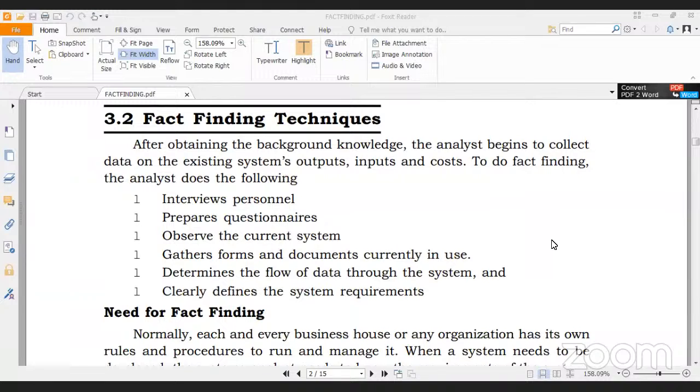Theoretically, we are saying 5 ways to collect. The only thing is, after getting background knowledge, it's the role of the analyst to begin collecting the data on the existing system's outputs, inputs, and cost.